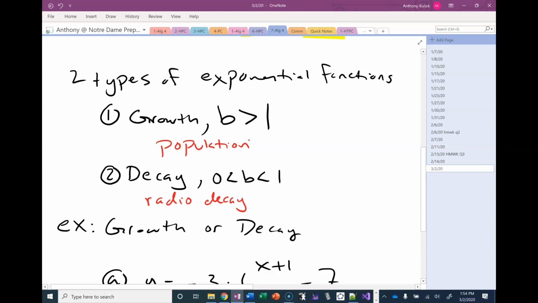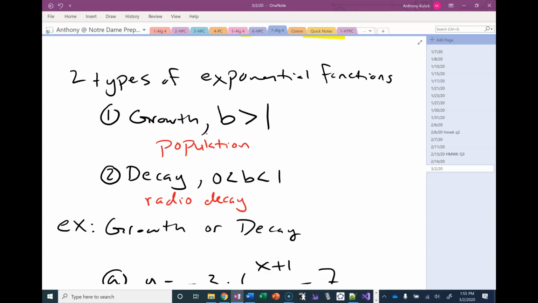So population often grows exponentially, at least until other factors are introduced that stop that. But those are two very common examples of real life situations that can be described exponentially.